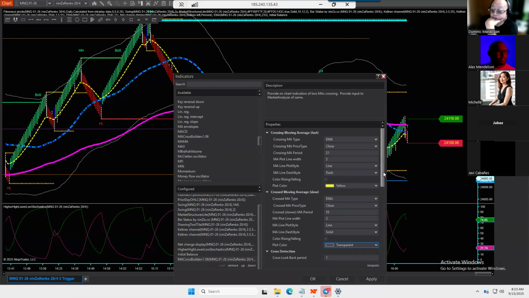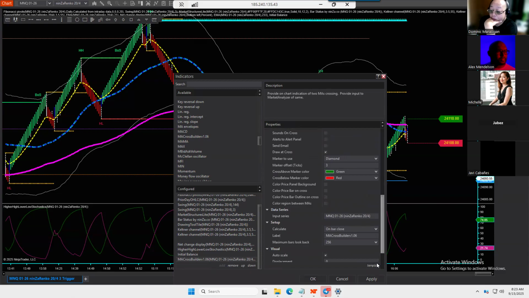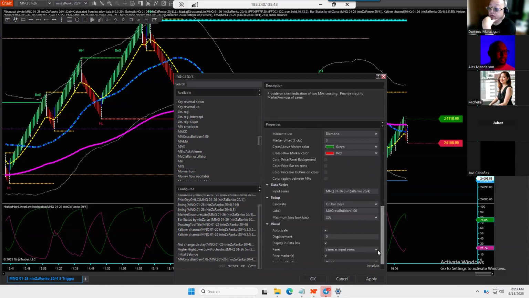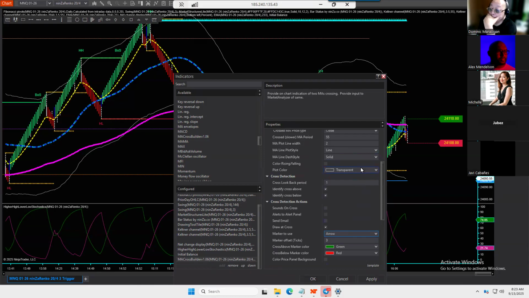Now what I want to do is color this so that once it crosses, it's going to produce arrows. And the alert is basically draw across.